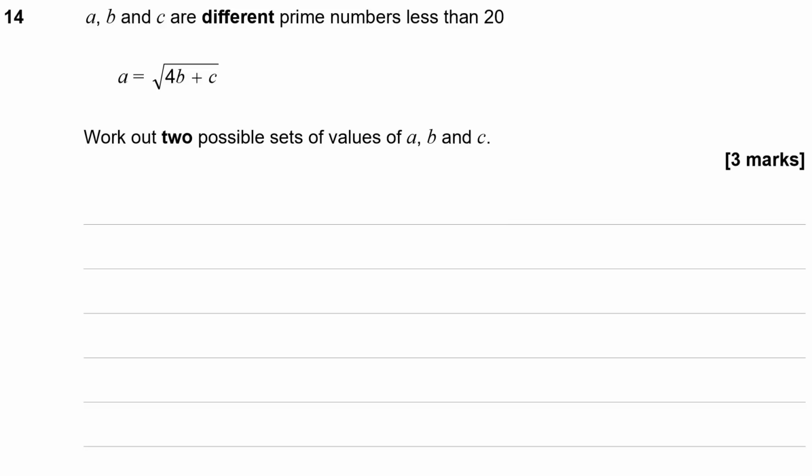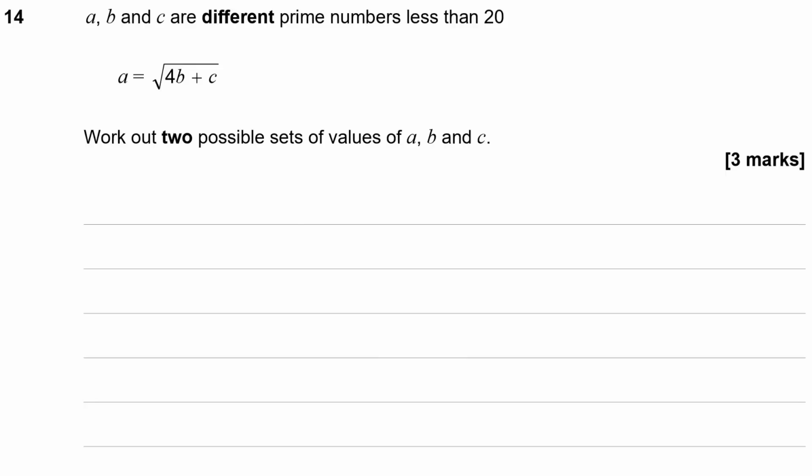Okay, question 14 says A, B and C are different prime numbers less than 20. And we're told that A equals the square root of 4B plus C. Work out 2 possible sets of values of A, B and C. Okay, so we've got some puzzle pieces that we need to fit together in a certain way.